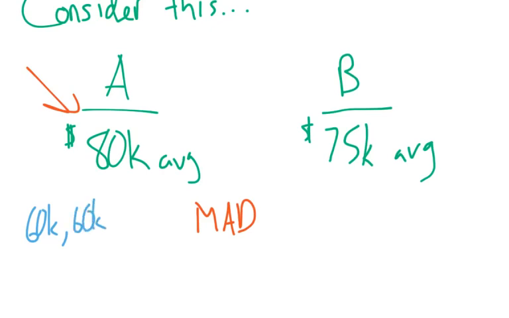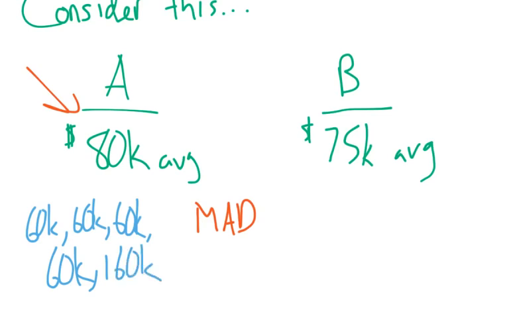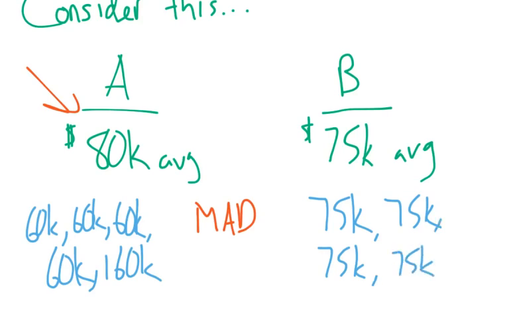Another one makes $60,000. Another one makes $60,000. Another one makes $60,000. And then the final one makes $160,000. Whereas at company B, the corresponding 5 employees who have this job all earn $75,000.